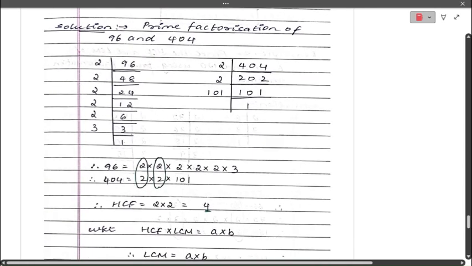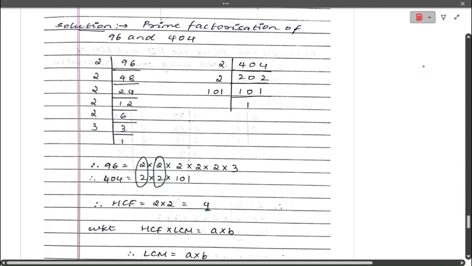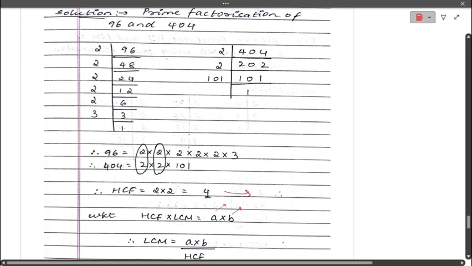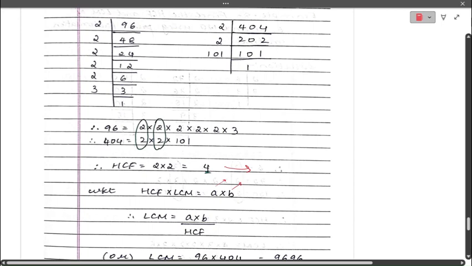So finding the HCF is very simple. 2, 2, so 2 into 2 is 4. This is the HCF. Whereas finding the LCM for such big numbers becomes difficult. Rather, we have a formula here. HCF into LCM is equal to A into B, where A and B are the given numbers. Like this, 96 and 404. So we know the HCF, find the LCM.